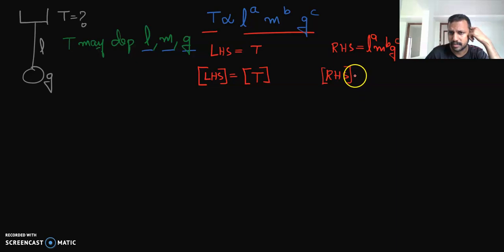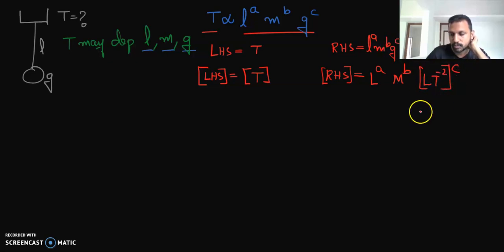The dimensional formula of length is L, therefore capital L raised to A. Mass is capital M, therefore raised to B. Since acceleration due to gravity is acceleration, its dimensional formula is LT raised to minus 2, whole raised to C.